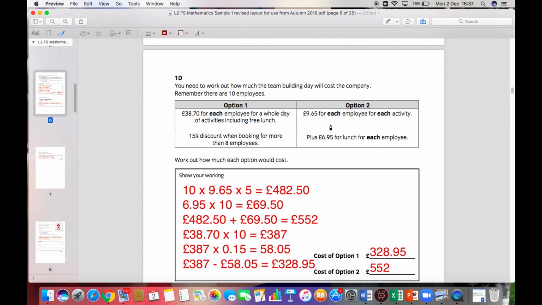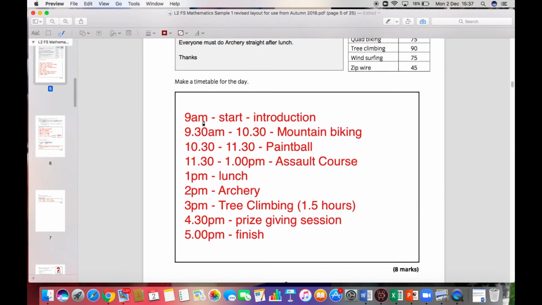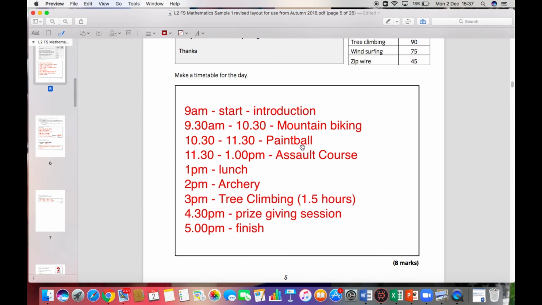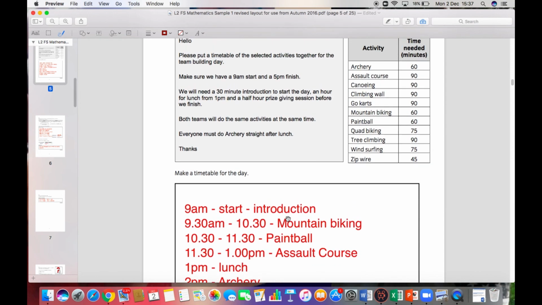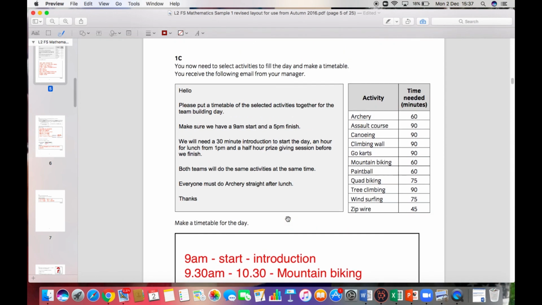Like, why is that one so much more expensive than this one? Why is there no other activities that you could have put in there other than really physical activities? Mountain biking, paintball, an assault course, then lunch for an hour, but then you've got archery, tree climbing. It's a lot of physical activity.